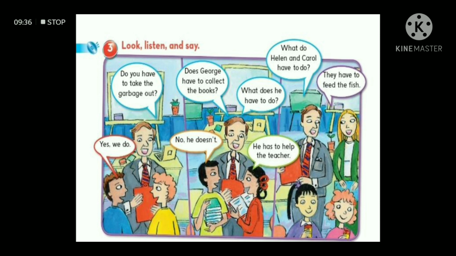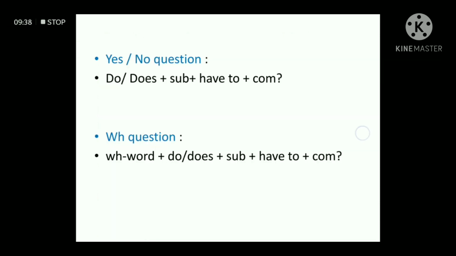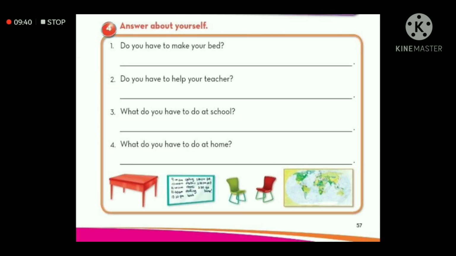Okay, now let's move to exercise number 4. Answer about yourself. So you are going to answer about yourself. Let's read the questions. Do you have to make your bed? أولا لازم نحدد is this a yes or no question or WH question. Yes, excellent.